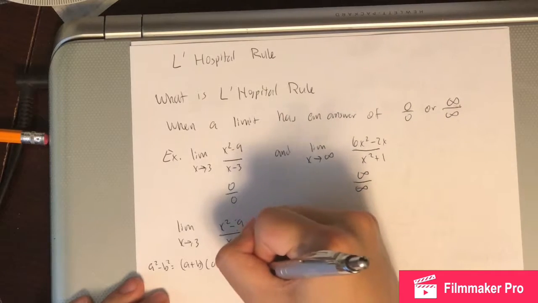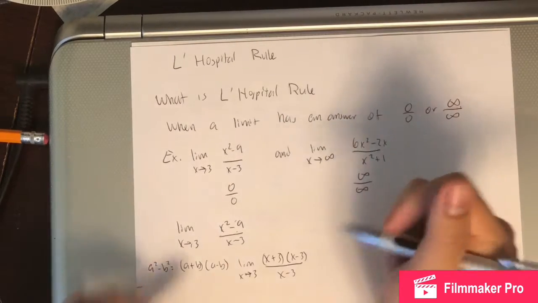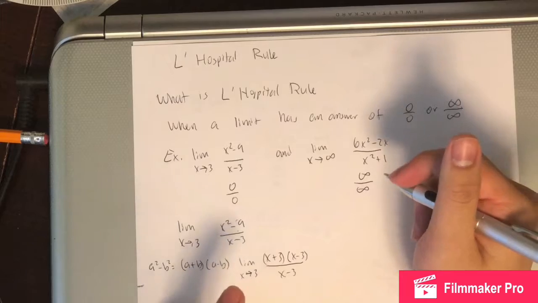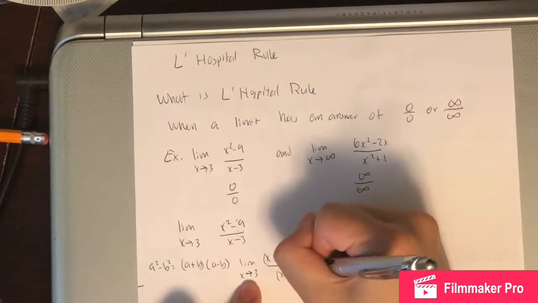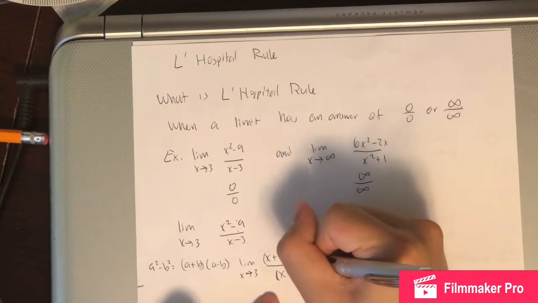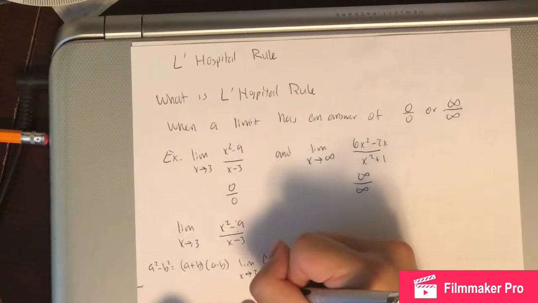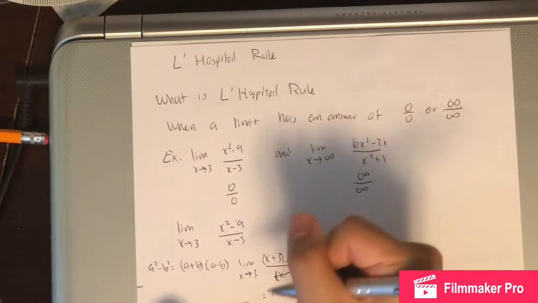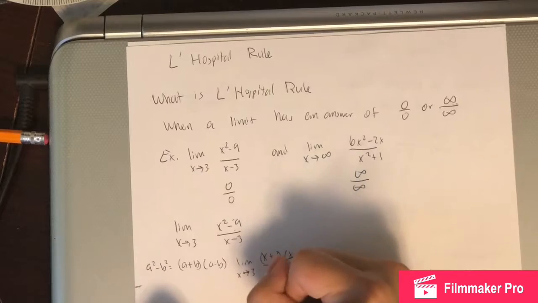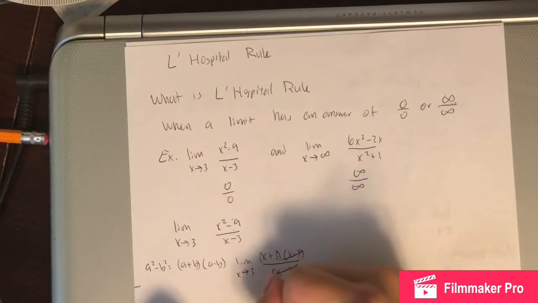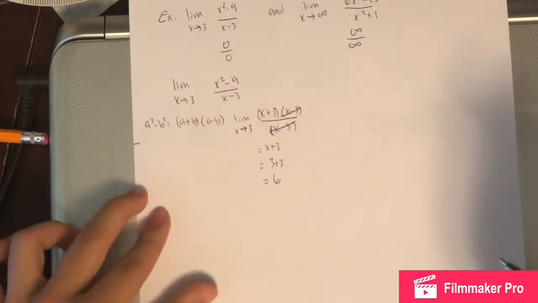The limit of that. It's very important to remember your limit, because if you don't have it, the whole equation would not work. So when we cross this out and we get x plus 3, then we can plug the 3 into x. Therefore, 3 plus 3 equals 6, as you can see here.